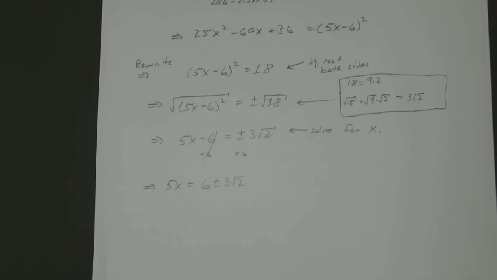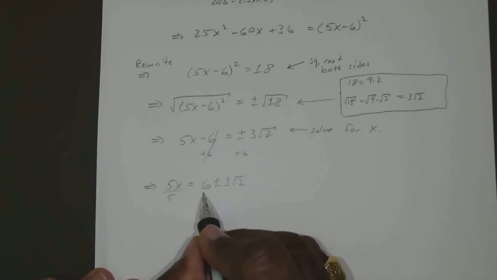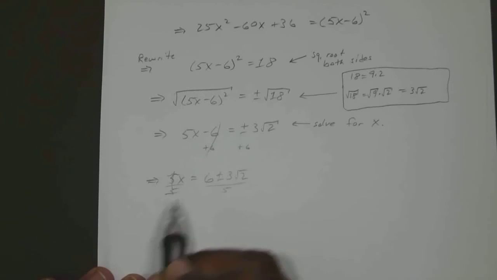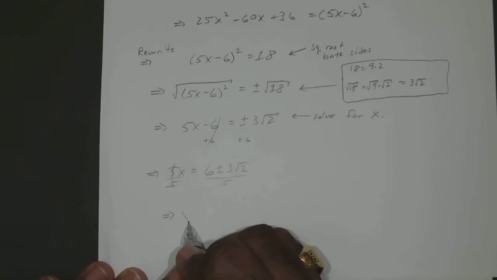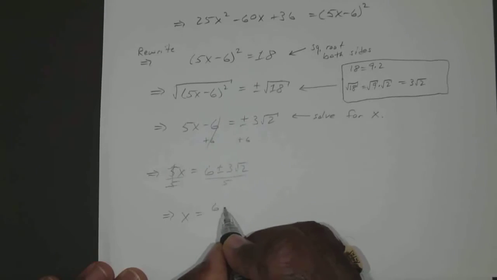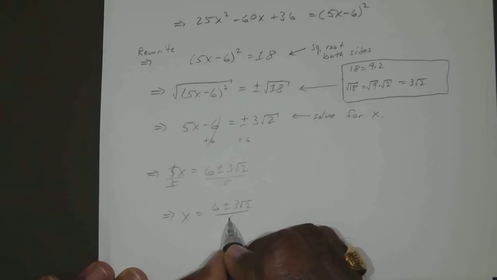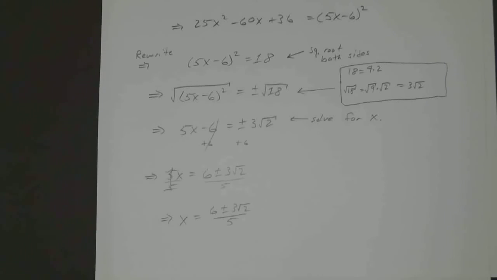Then we just divide both sides by 5. Anything divided by itself is just 1. So x can equal (6 plus or minus 3 square root of 2) over 5. Or you can make it 6 over 5 plus or minus 3 square root of 2 over 5.